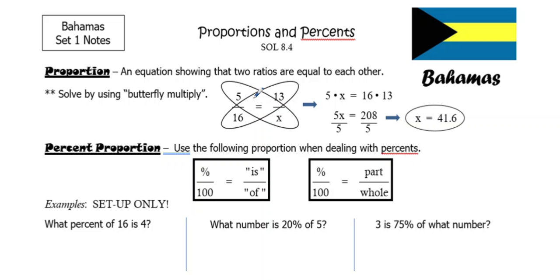But if you want to solve a proportion, you're going to use basically the same thing. When I say solve a proportion, sometimes I can just give you a problem like this one up here, or they'll give you a word problem, something like in 5 hours I can go 782 miles. How many miles could I go in 4 hours?